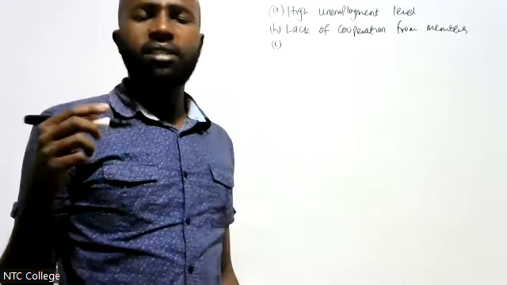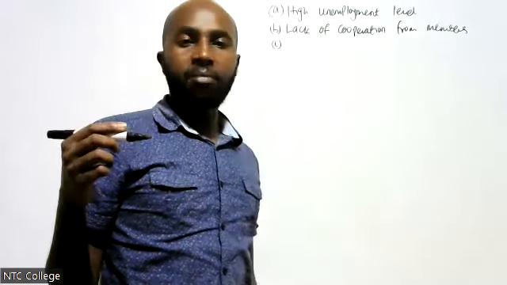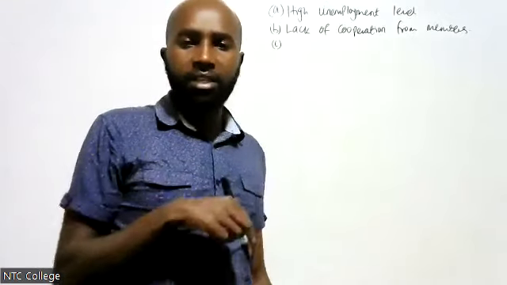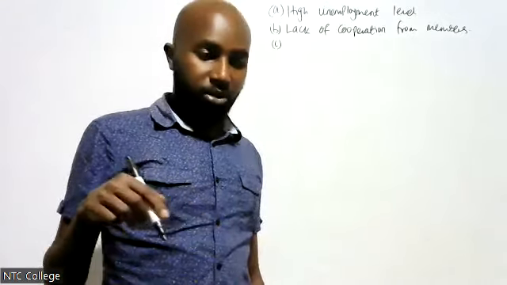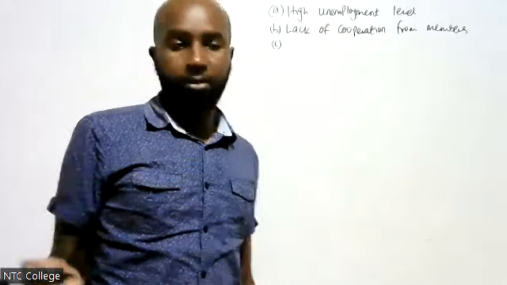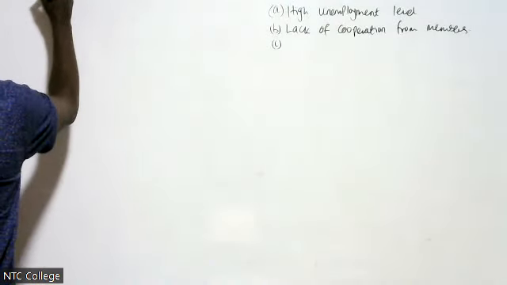What does it mean for a certain employee or union to say that employees in this sector should work for a minimum of so many Kenya shillings per month, for example? So I want us to look at minimum wage legislation.